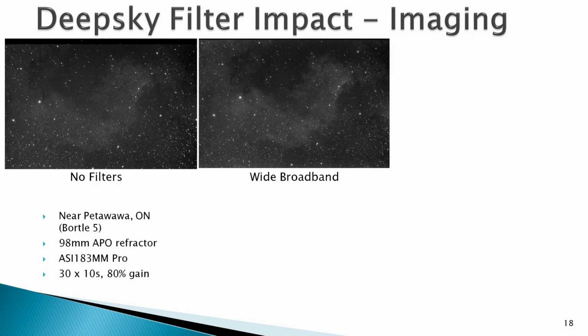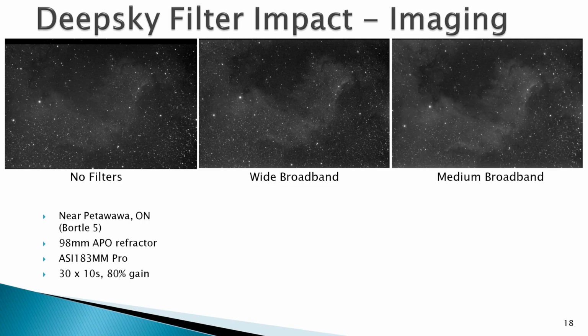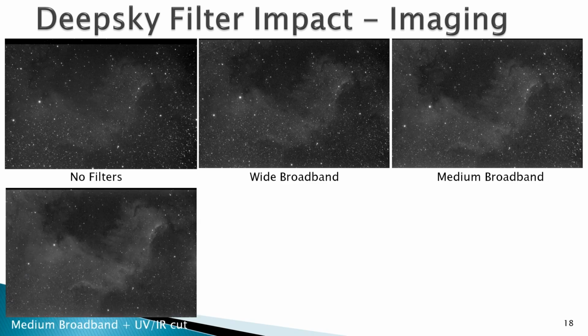Adding progressively narrower filters, from wide broadband to medium broadband, brings out more and more detail in the nebula. You will also notice that the stars are becoming progressively fainter. Adding a UV IR cut filter to the medium broadband filter further increases the image contrast.